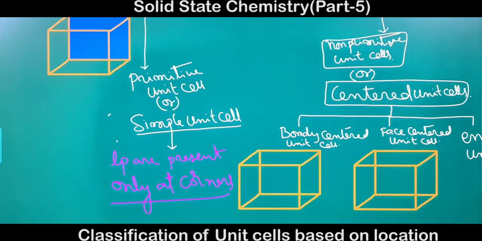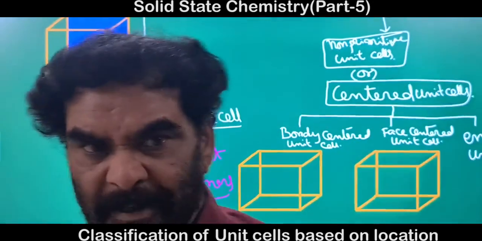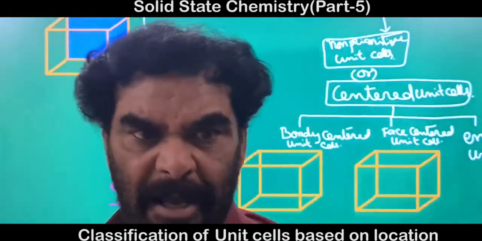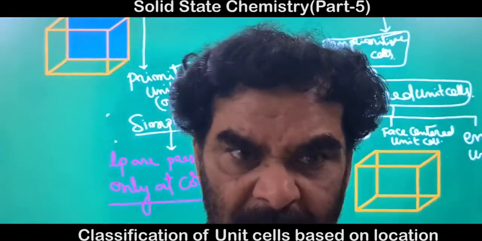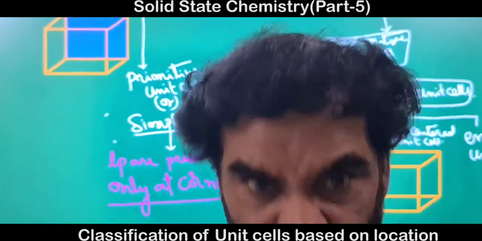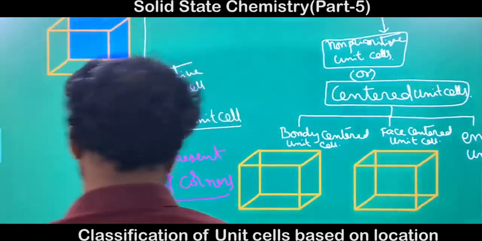The unit cell in which the lattice points are present only at the corners is called the simple unit cell, or primitive unit cell. This is an elementary unit cell.